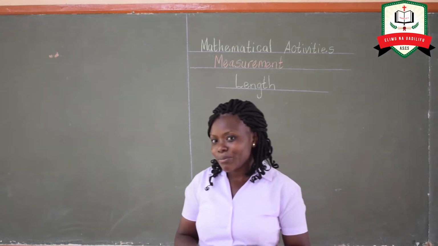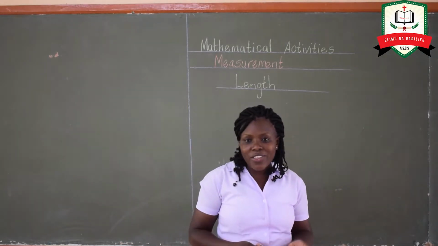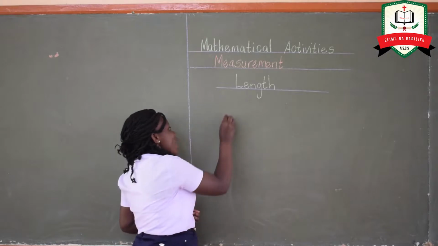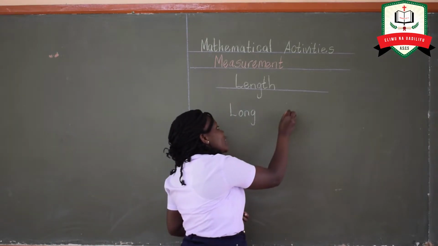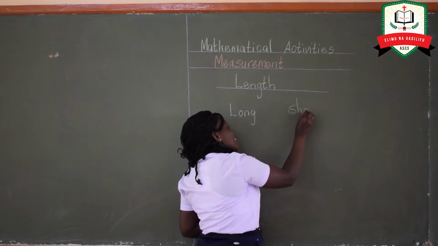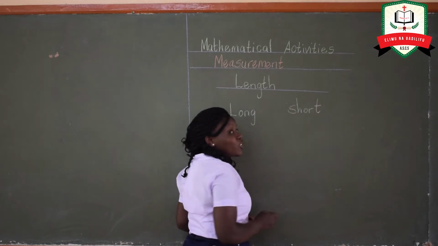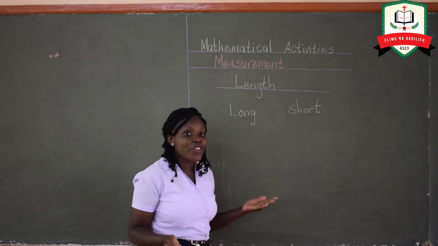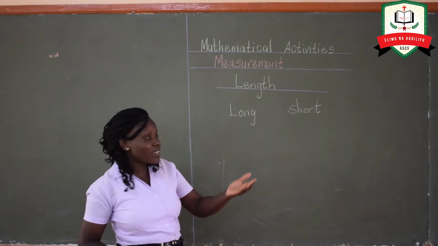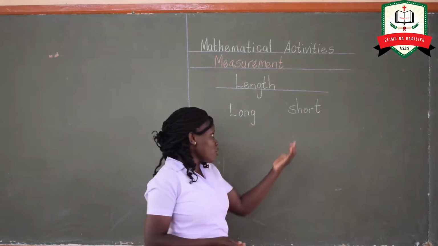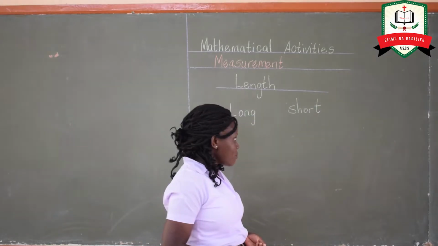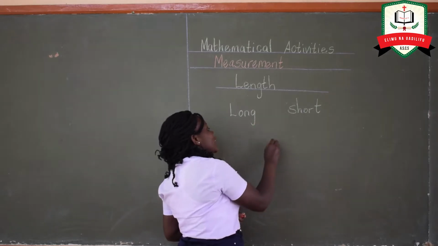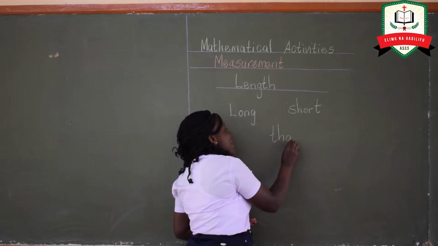When you talk about length, you're going to use the word long, and you should also be using the word short. Take note of those words. The other word we're going to be using in this topic is the word than.